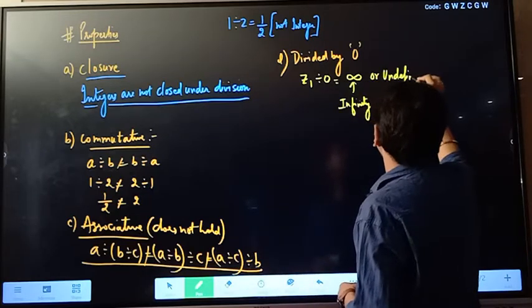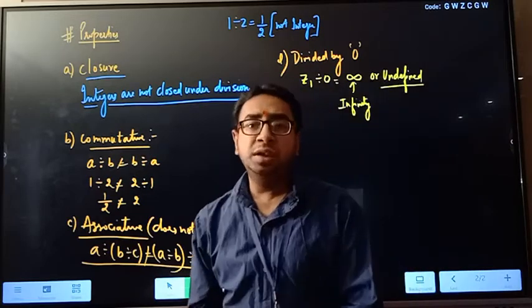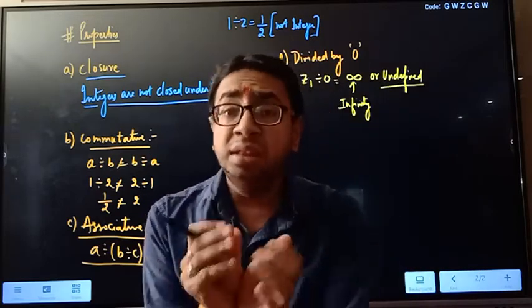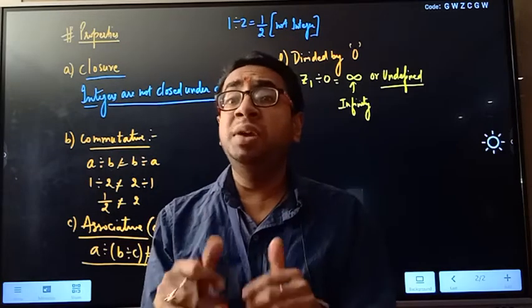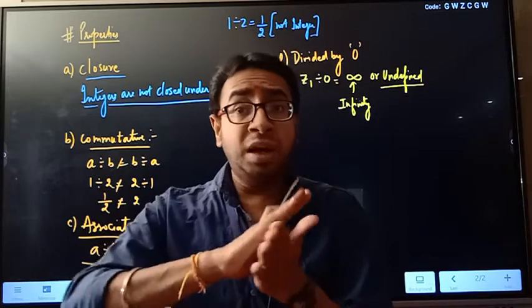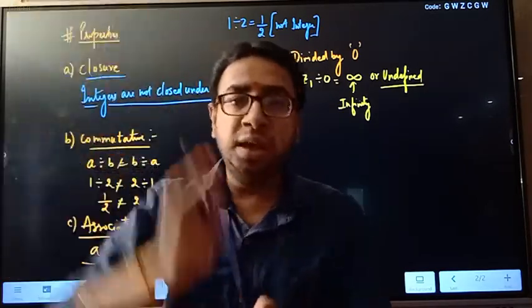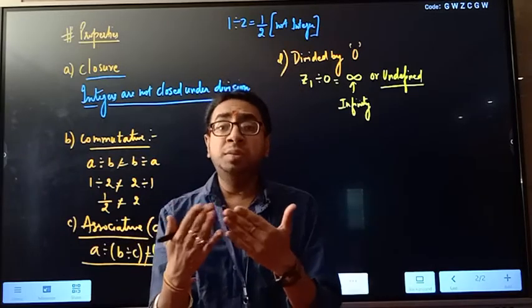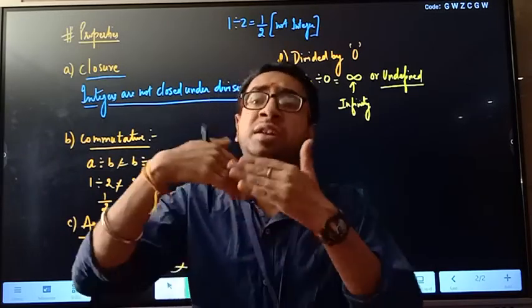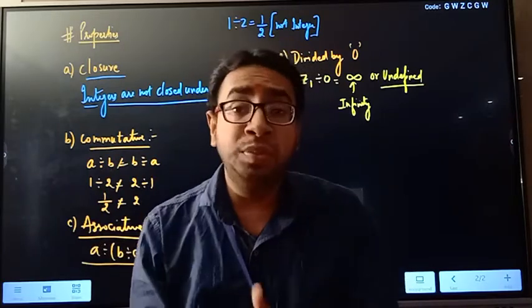Or undefined. Now you might be thinking, why? Anything multiplied by 0 is 0, and division is the reverse process of multiplication. When you multiply numbers, the result increases, and in the case of division, the result decreases.